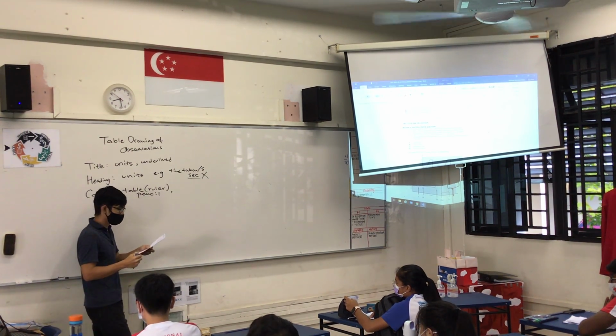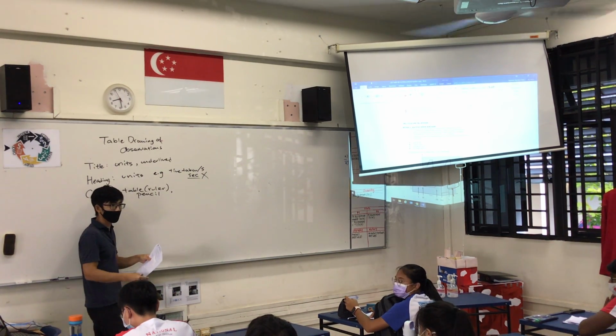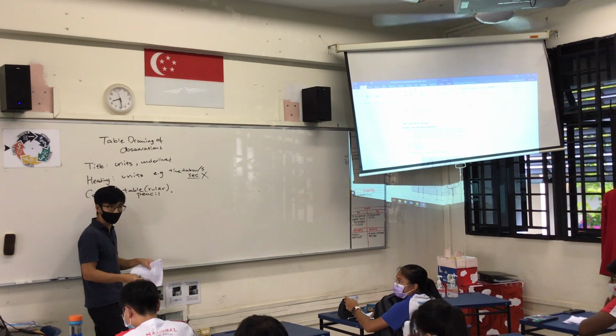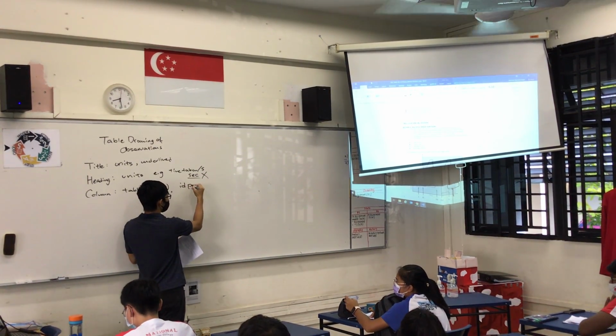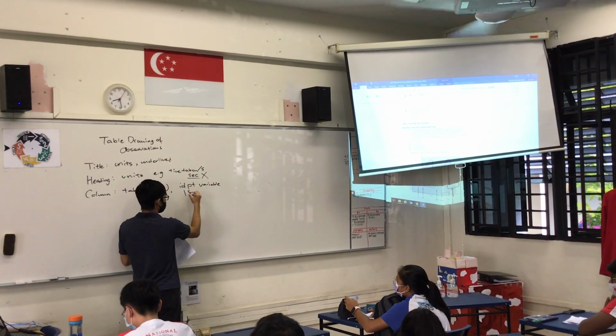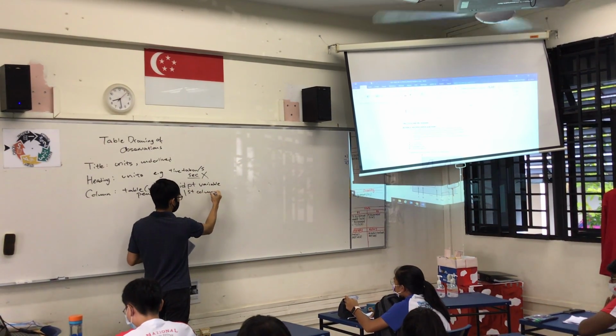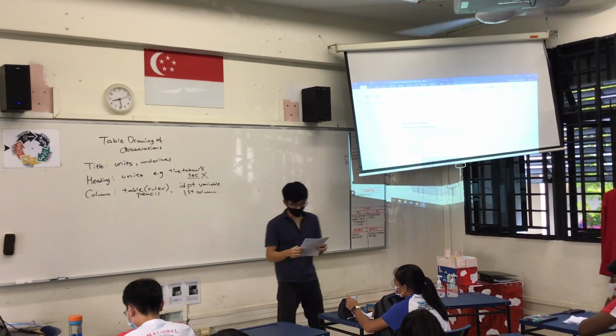Okay, next, your independent variable should be in the very first column. Don't know what independent variable is? I'll just write first up: independent variable should be in the first column. What is independent variable?